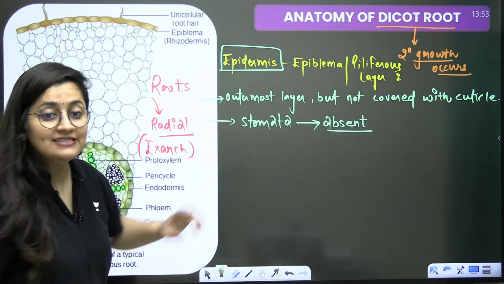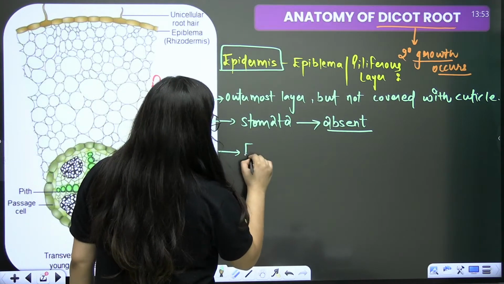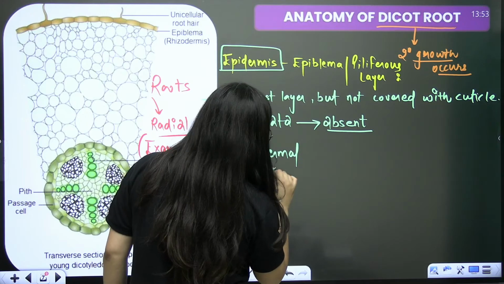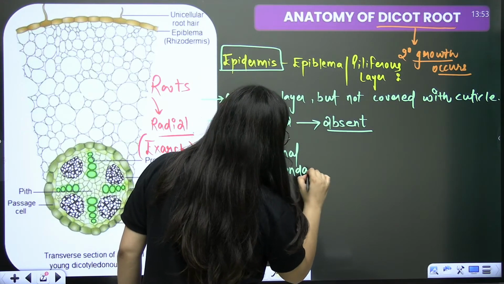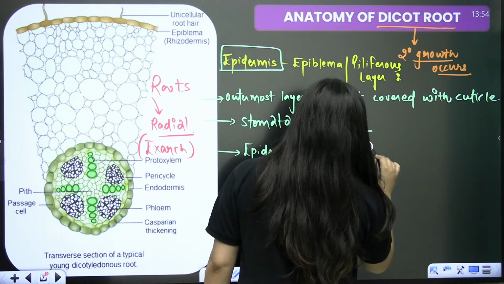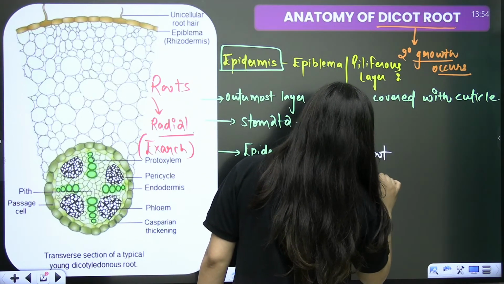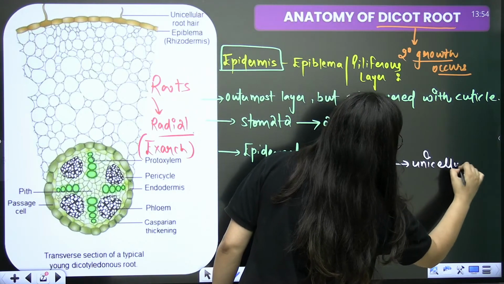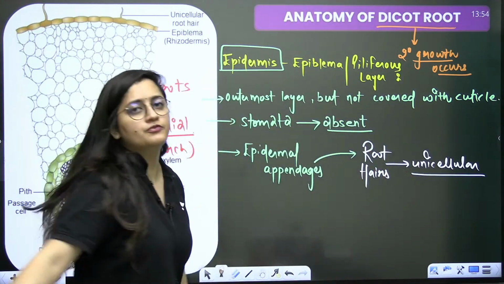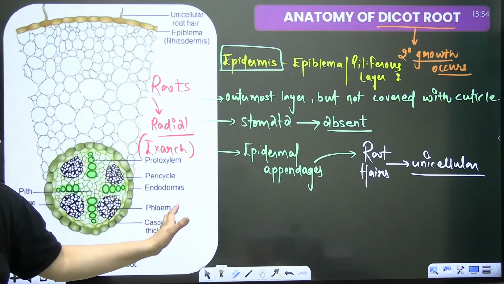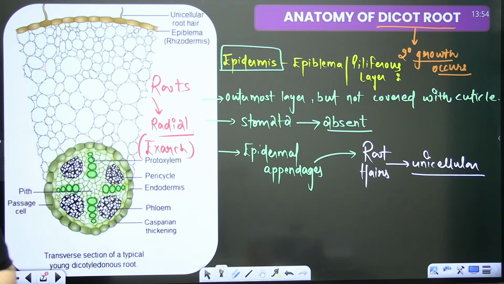When you talk about the epidermal appendages in roots, they are root hairs, which are unicellular. And you know the role of root hairs: they are meant for the absorption of water and minerals. So it is the epiblemma here.